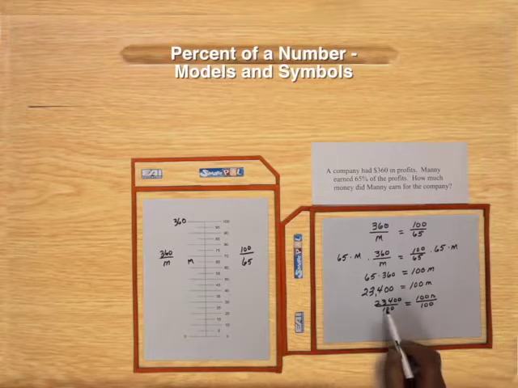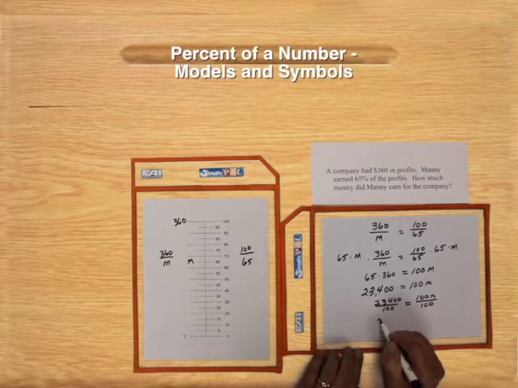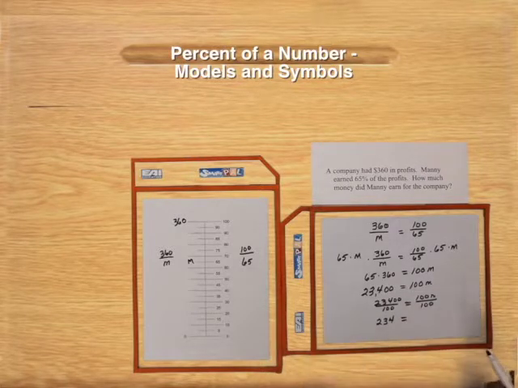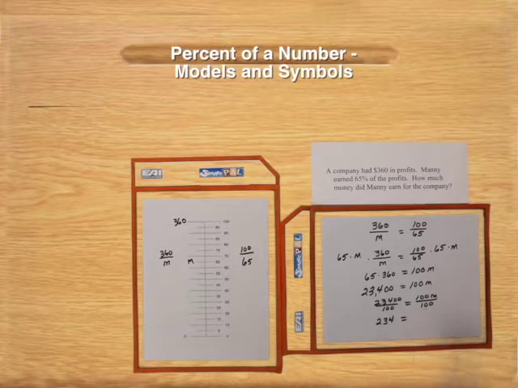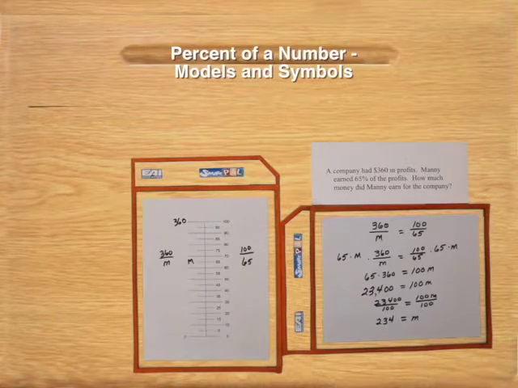When we divide 23,400 by 100, we get 234. When we divide 100M by 100, we get M. So we have M is equal to 234.